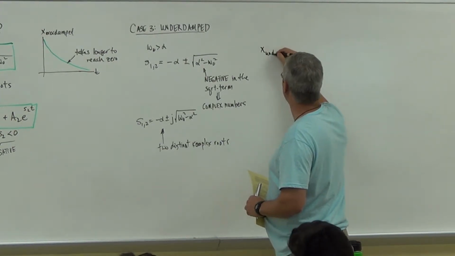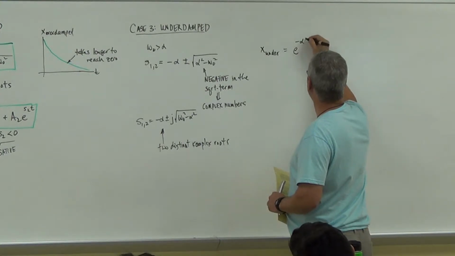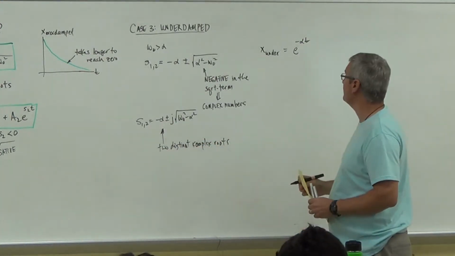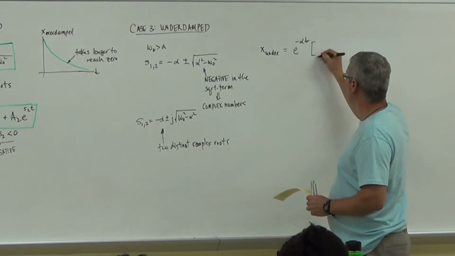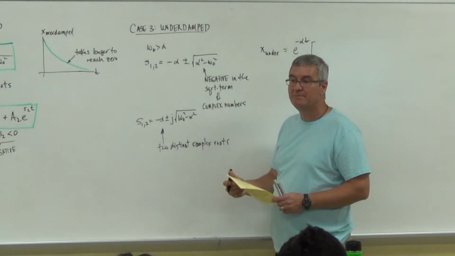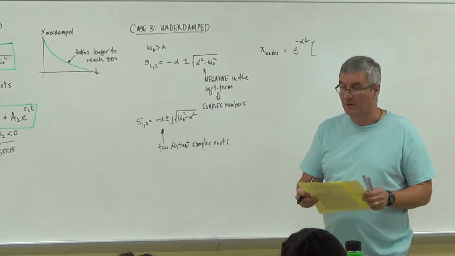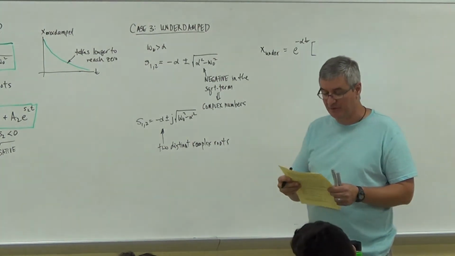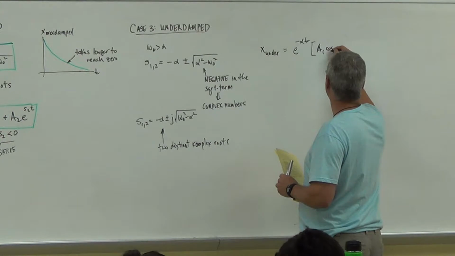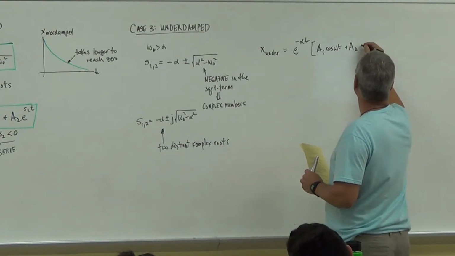Underdamped will be e to the minus alpha t for the first term. Then, because of these complex numbers, there's a way you can manipulate it so that you get sine and cosine. I want to make sure I write it with my notation, so I always call A1 the cosine term plus A2 the sine term.